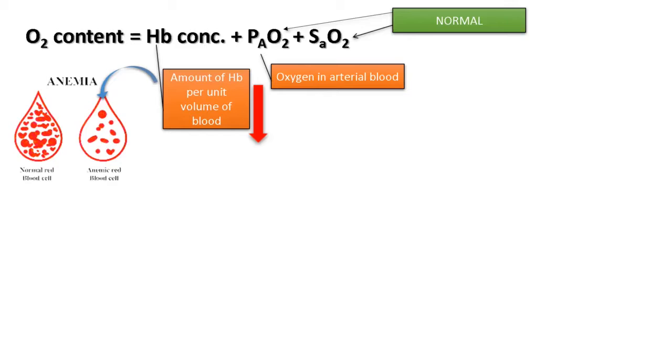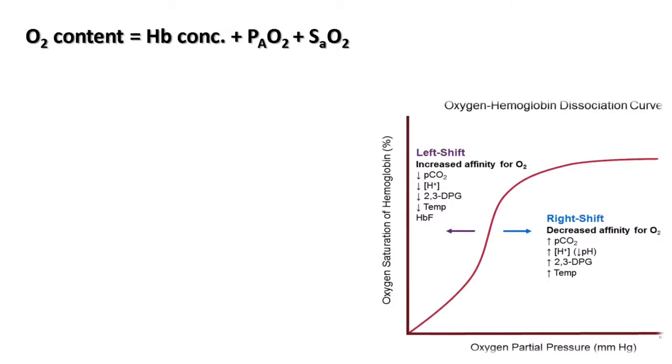Now let's talk about the oxygen dissociation curve, or oxygen binding curve, or even the oxygen hemoglobin dissociation curve. On the y-axis we have hemoglobin saturation and on the x-axis we have the partial pressure of oxygen in arterial blood, or simply PaO2.